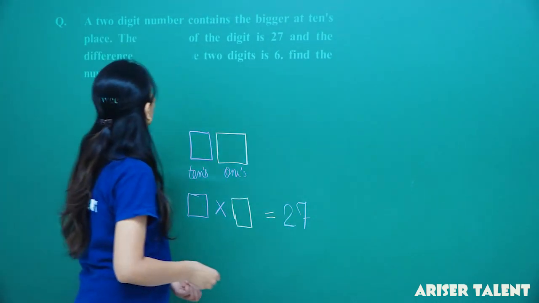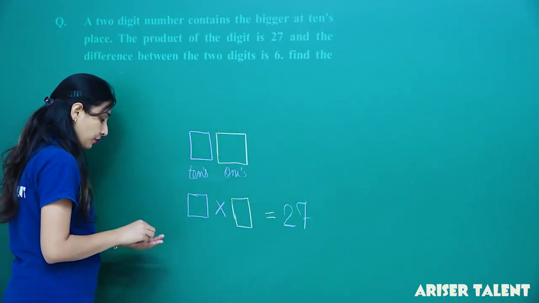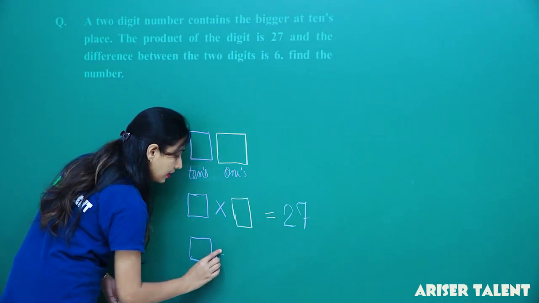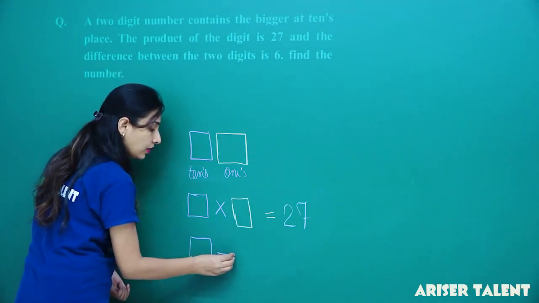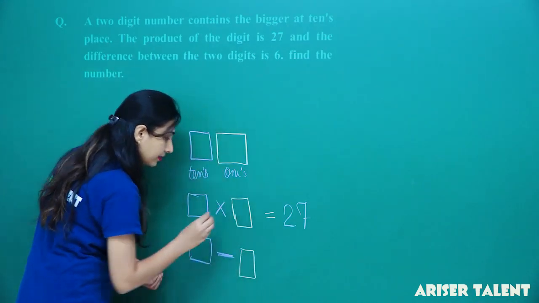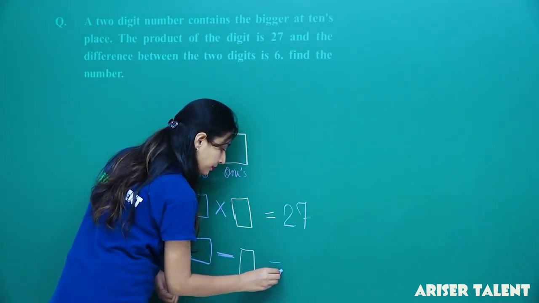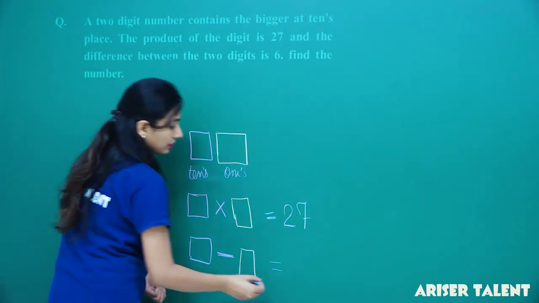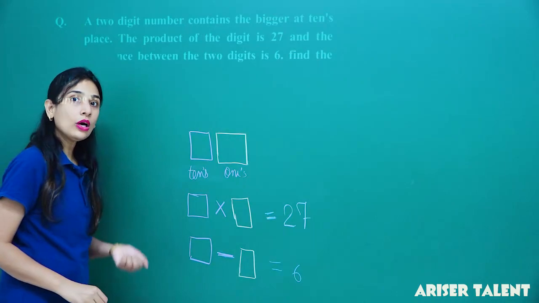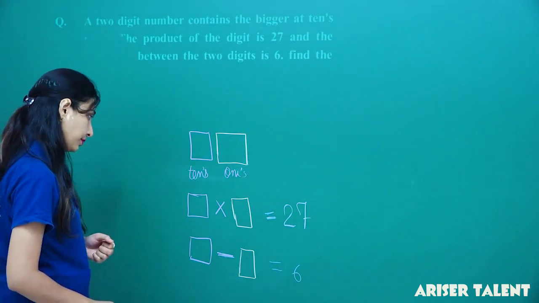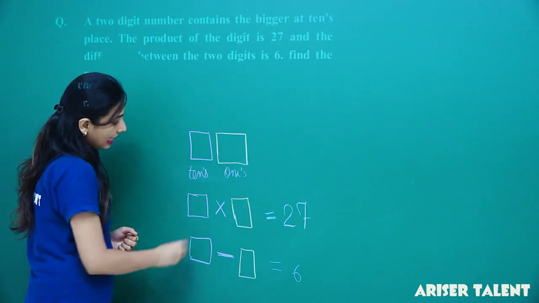And the difference between the digits, because this is bigger, I'll write this first, equals 6. Now students, let's consider this is x.